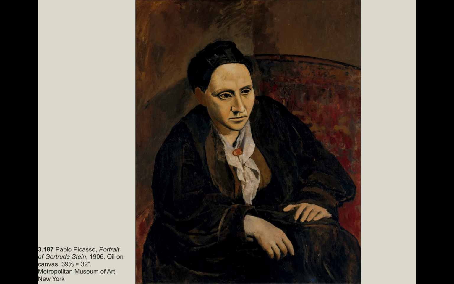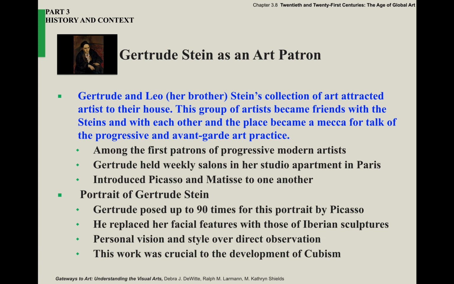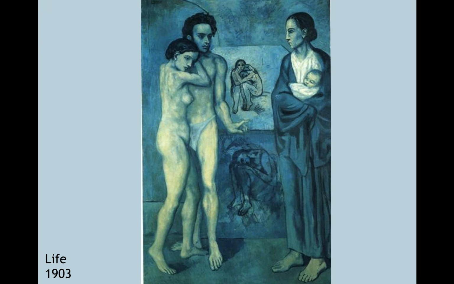This is his portrait of Gertrude Stein. She was a very famous art collector. Gertrude and Leo Stein had a collection of art that attracted artists to their house. They were among the first patrons of progressive modern artists. Basically, they were some of the first people to actually buy artwork by Picasso and his peers and Matisse, because this wasn't popular artwork.